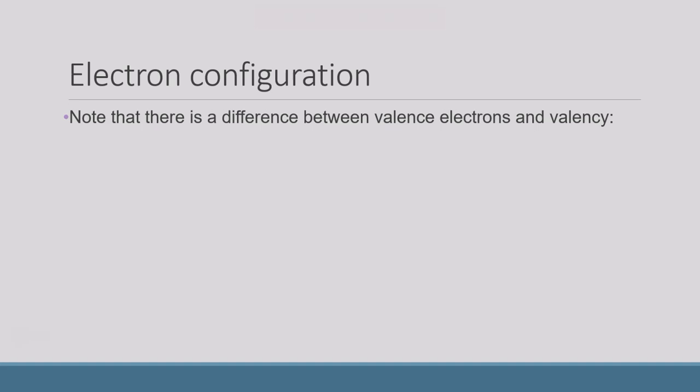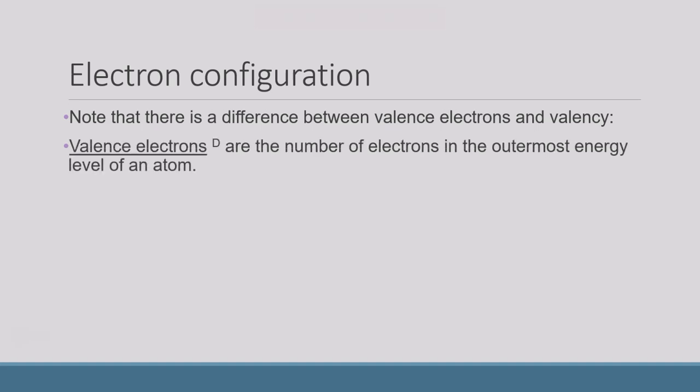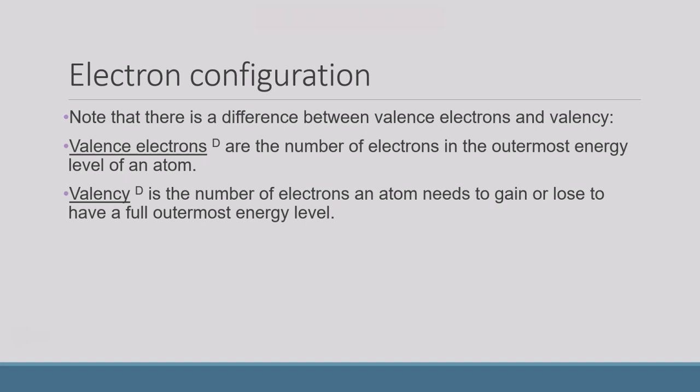Note that there is a difference between valence electrons and valency. Valence electrons refers to the number of electrons in the outermost energy level of an atom, and valency is the number of electrons that an atom needs to gain or lose in order to have a full outermost energy level.